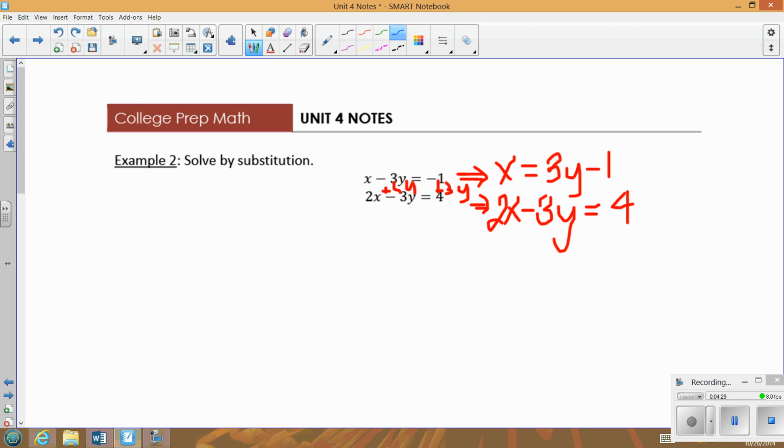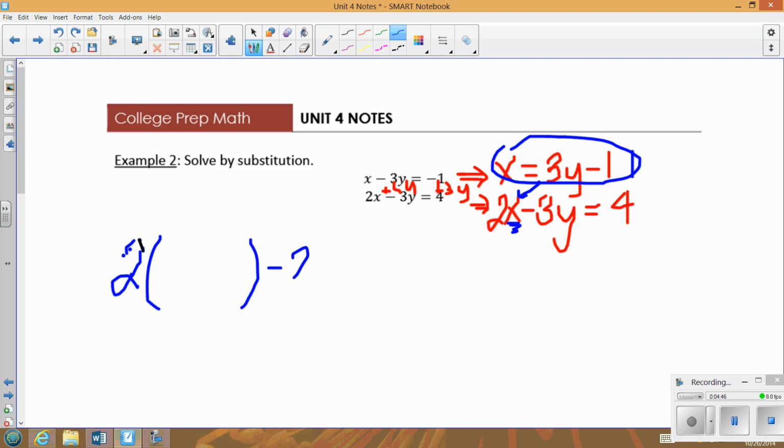Now I'm going to take this first equation, and instead of having x in the second equation, I know that x is equal to 3y minus 1 based on the first equation. So I'm going to rewrite, and again we're using parentheses wherever that x is: 2 times (3y minus 1) minus 3y equals 4.